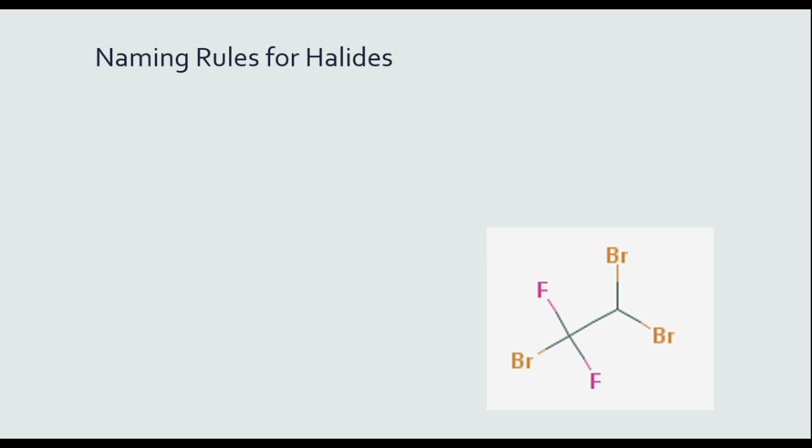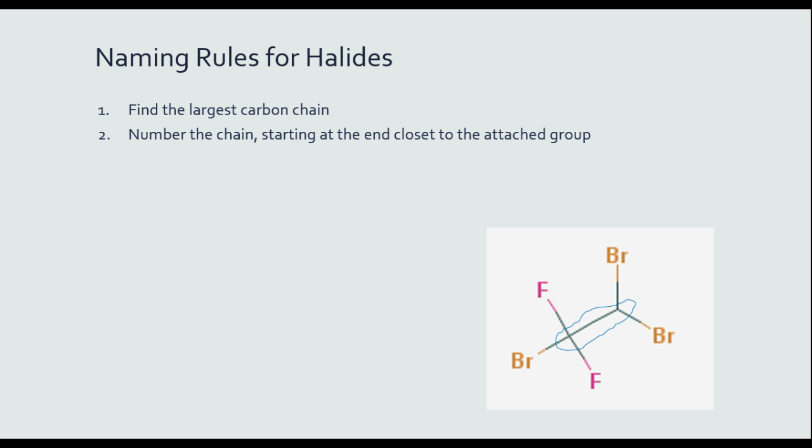Alright, so we're going to keep moving on here. This one is a doozy. We have one with five halides attached to the carbon group. So let's work through it by going through the rules. The first one is to find the largest chain. There it is. Number the chain starting at the end closest to the attached group. Here we have something different, because here we have two attached to this carbon, and on this one we have three halides attached to the carbon.